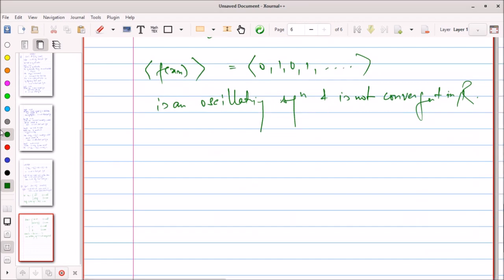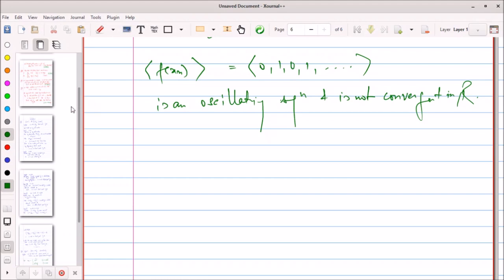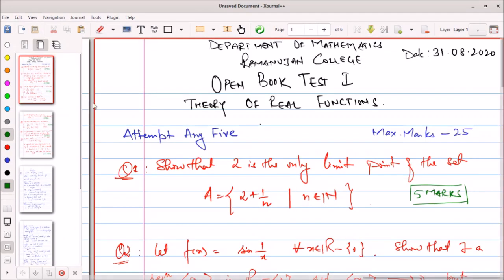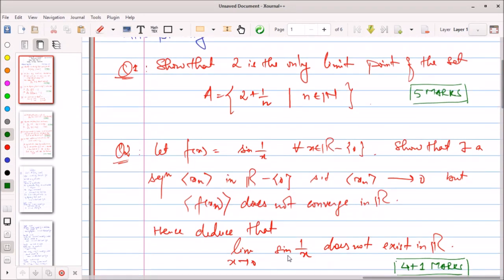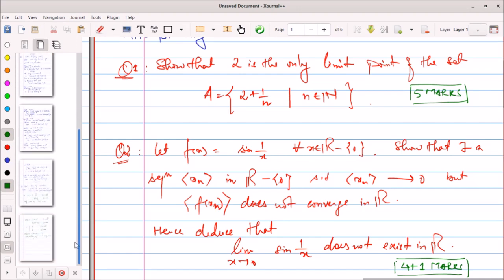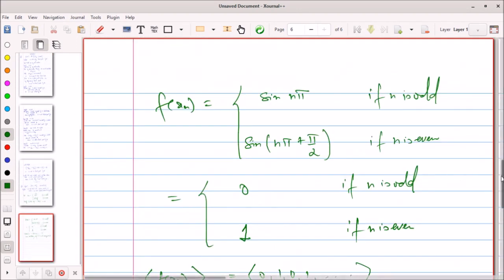Now next, we were further asked to deduce that limit x tends to 0 of sin(1/x) does not exist in R. For this we just need to use the divergence criteria.